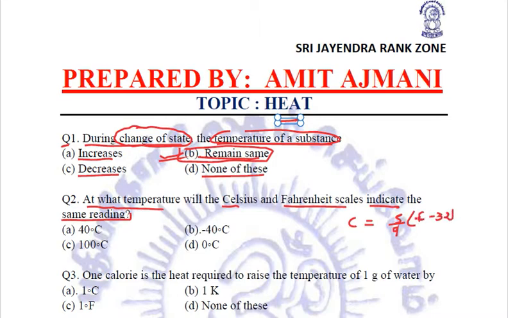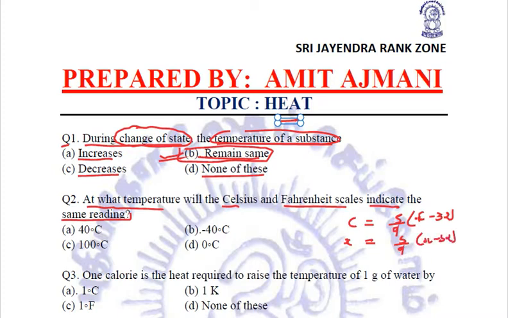Right. Now what we want is the same temperature on the Celsius as well as the Fahrenheit scale. So let that temperature be X. On the Celsius scale we'll place X, and on the Fahrenheit scale also we will take the value to be X. So it becomes X = 5/9 (X minus 32).